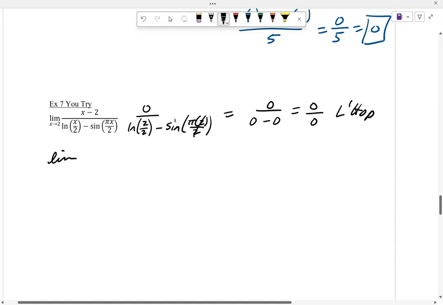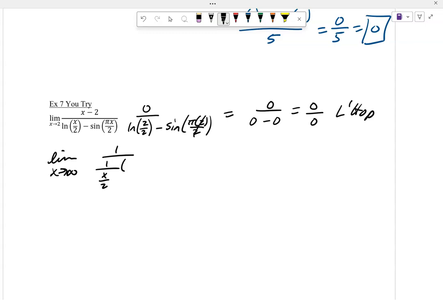So let's go ahead and run the limit as x approaches 2. We got 1 over, derivative of the natural log is 1 over that x over 2. We do have the chain rule involved, so times a half, minus derivative of the sine is a cosine. Chain rule again, times a half.